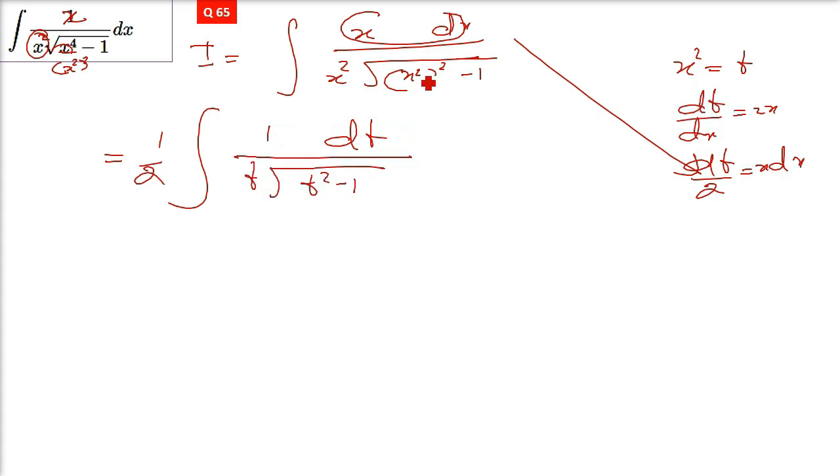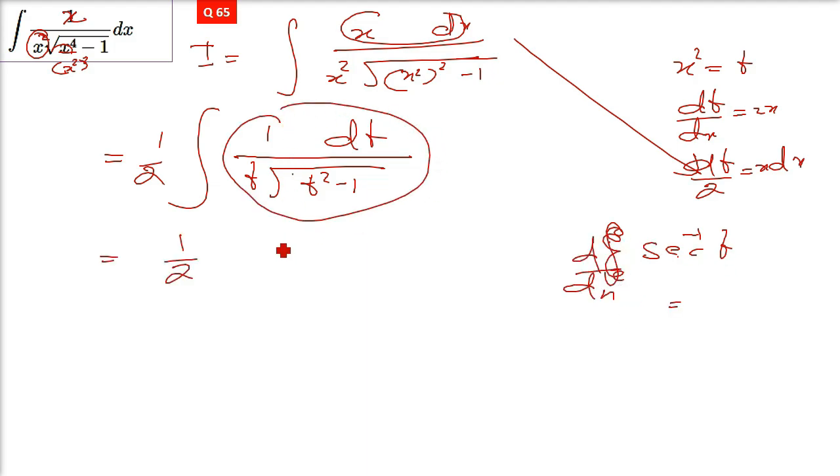Now what do you think? Do you smell something good here? Yes, because if you integrate 1 by t under root t square minus 1, you will get sec inverse t. Because when you differentiate sec inverse t, you are going to get 1 by t under root t square minus 1, kind of thing. So the same we are going to use here. When you integrate it, it will be directly sec inverse t.